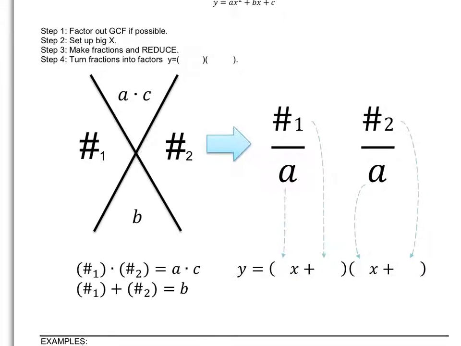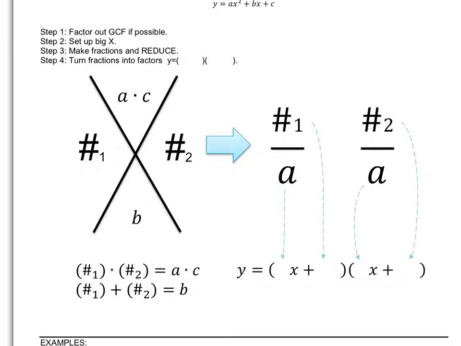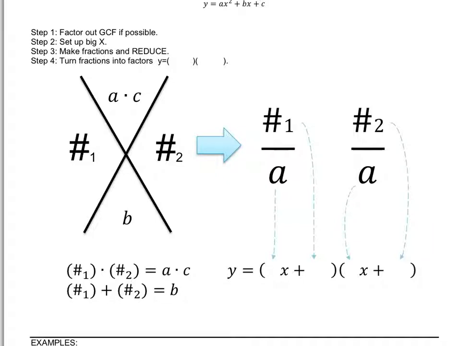Now, the side triangles, you fill those in by finding the 2 numbers that multiply to get the top, A times C, and add to get the bottom, B. So these 2 numbers multiply to get A times C, add to get B. That's step 2.